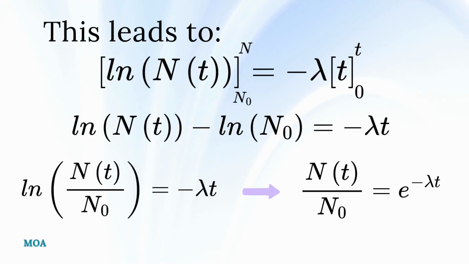This leads to the natural logarithm of N of t minus the natural logarithm of N sub 0 equals minus lambda t, which simplifies to the natural logarithm of the quantity N of t divided by N sub 0 equals minus lambda t. Exponentiating both sides gives N of t divided by N sub 0 equals e to the minus lambda t.